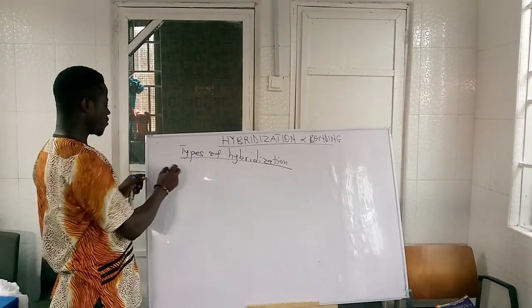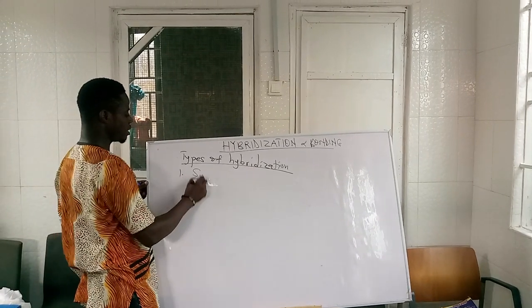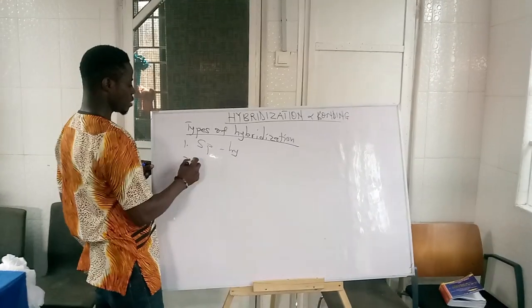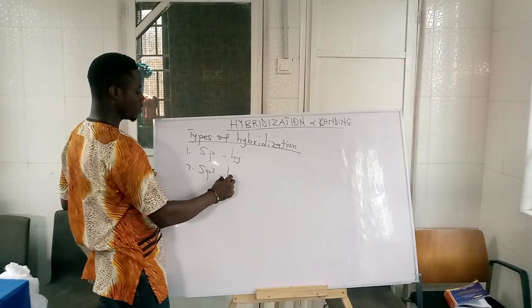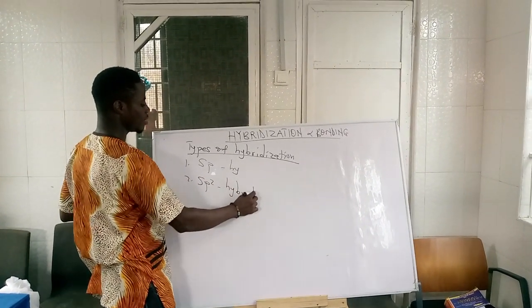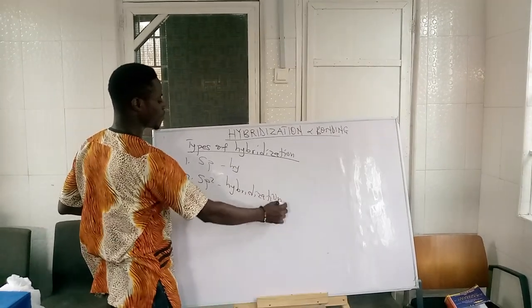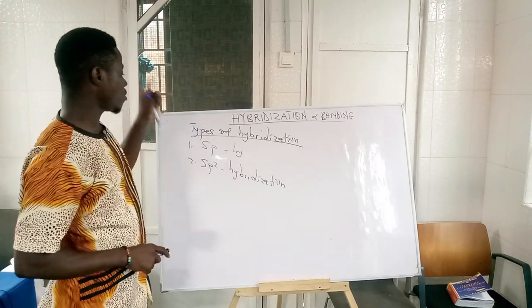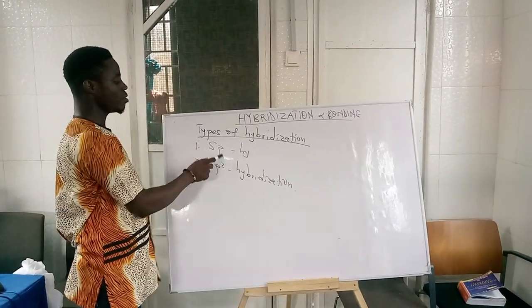With the next type of hybridization, we've already treated the sp hybridization. So the next one will be sp2 hybridization. Under the sp, we said that it is formed as a result of the mixing of an s orbital with a p orbital.